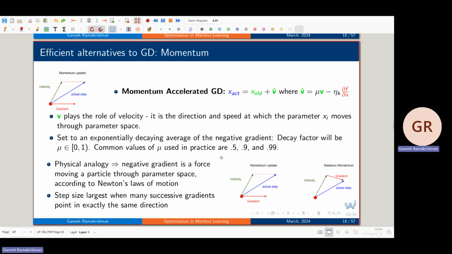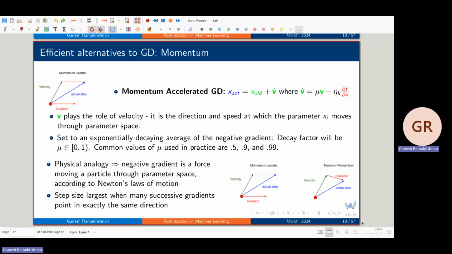So now I have drawn two different diagrams. So far I've been collapsing everything into one diagram. Let's have two different diagrams. What I was showing here was more general, but this is option 1: gradient, velocity, and actual step. In the second option, I have velocity, then I look at the gradient, but the actual step will be with respect to after computing the velocity update. So I do the velocity update, compute the gradient, then the actual step comes.